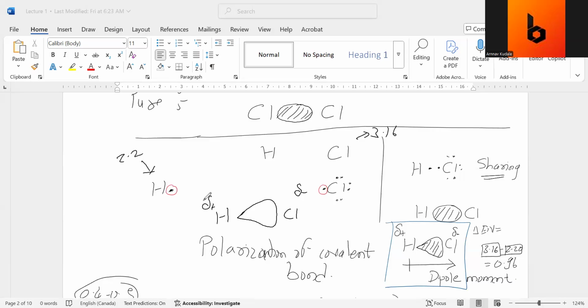This is what is called polarization of a covalent bond.